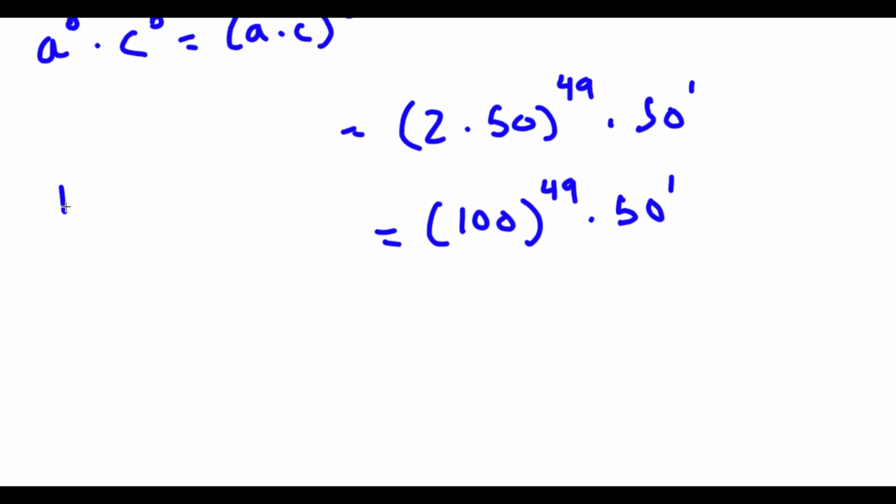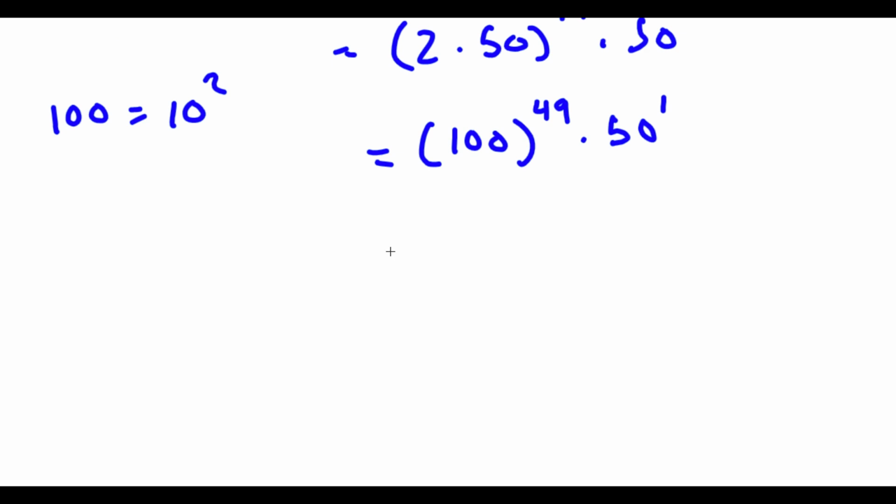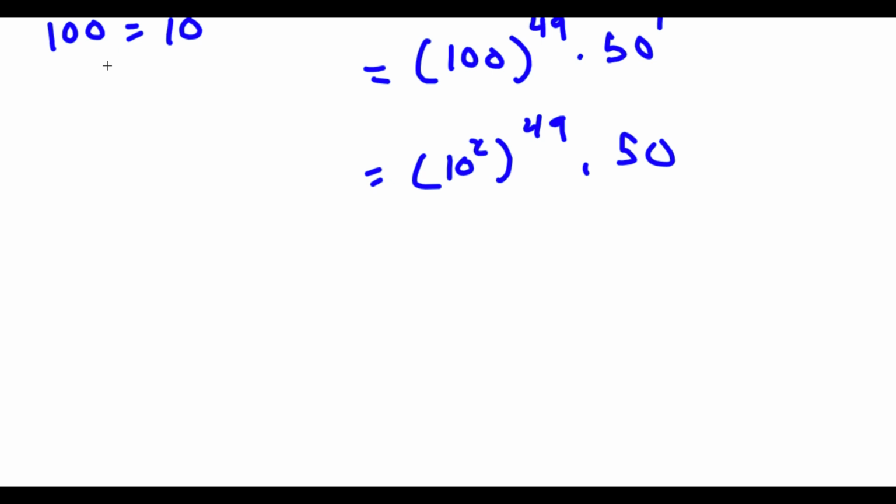Now 100 is the same thing as 10 squared. So now I can replace 100 with 10 squared, and I get 10 squared to the power of 49 times 50. Now, if I have something in the form a to the power of m to the power of n, this is the same thing as a to the power of m times n.